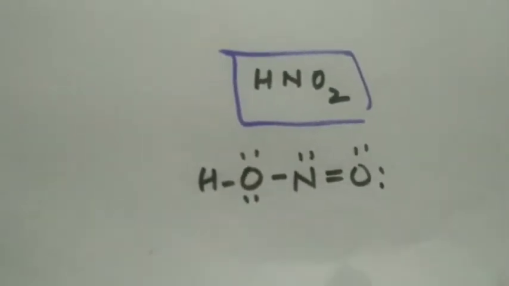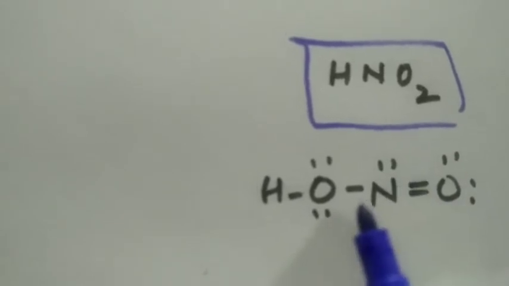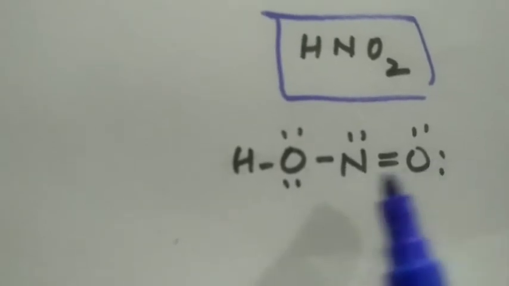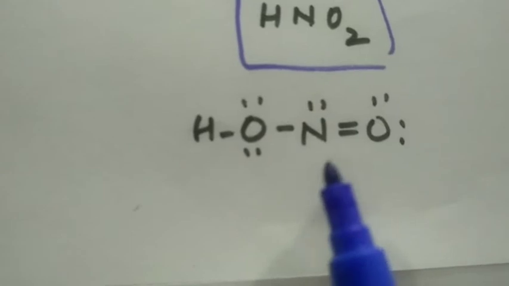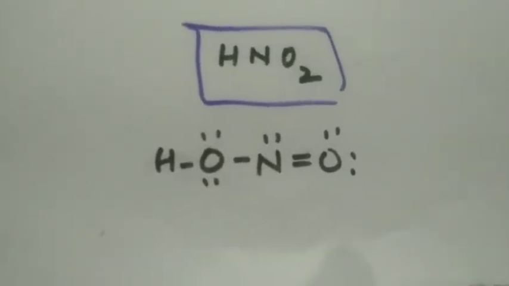Then nitrous acid, HNO2. So OH, in an acid, H is always attached to oxygen. So OH, then N, then O. So placing the electrons, we have to put a double bond here so that the octet is complete and the overall structure comes out as this structure.